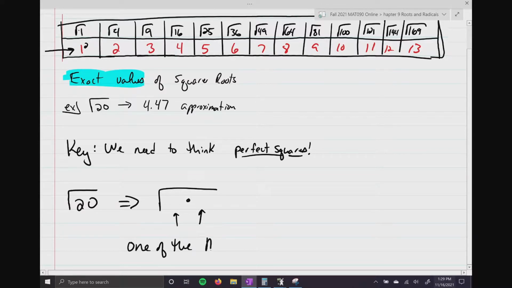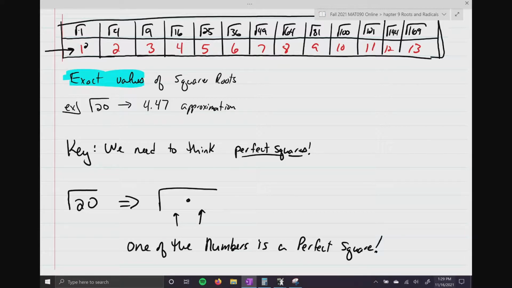One of the numbers is a perfect square. All right? And what I mean is one of those numbers has to be 1, 2, 3, 4, 5, 6, 7, 8, 9, 10, and so forth. Well, it just so happens that 4 times 5 equals 20.